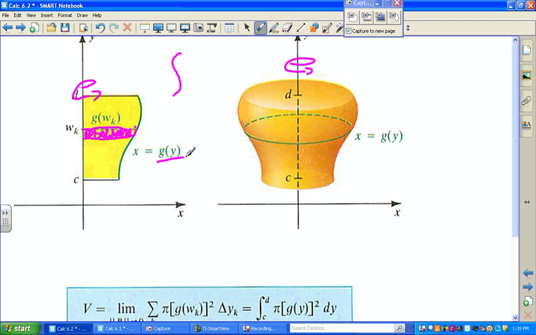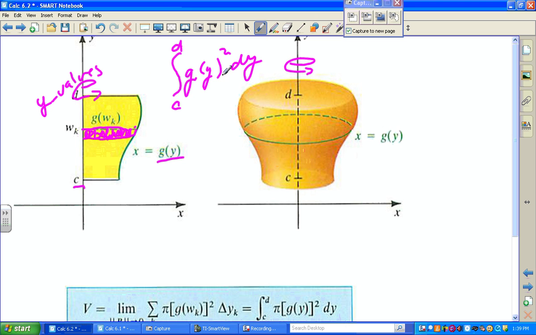Well, I'd use g of y. C is my lower bound. D is my upper bound. They are y values, aren't they? Those are y values. And how do I set up my integral? dy.